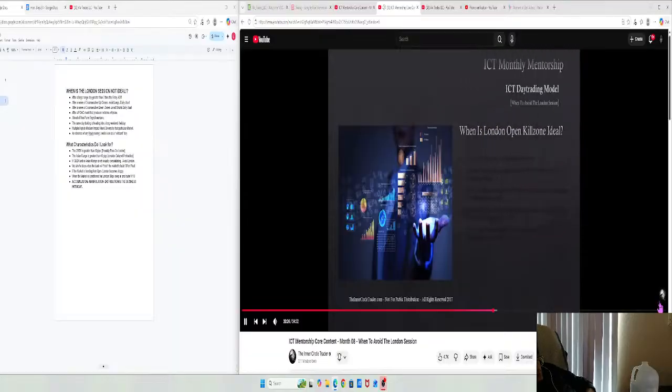Okay, when is London open kill zone ideal? And we've talked about what makes the avoidance of the London session most apt to be the best choice. But what do we do to help formulate an ideal scenario going to London? Well, the daily chart's going to be clearly respecting PD arrays.